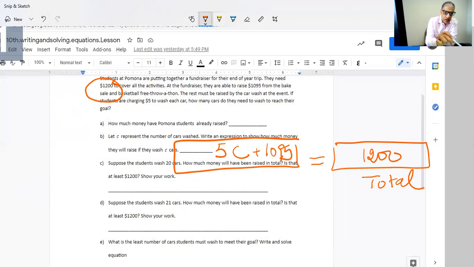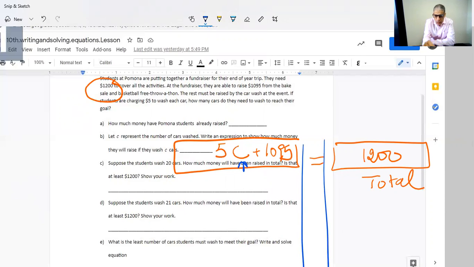So if we solve this equation, we're gonna get the answer, how many cars we need to wash to make $1,200. We already know that, it's 21, right? But we're gonna do it by solving the equation. So how do we solve equations? We isolate the variable. Remember that, meaning we're gonna isolate the C all by itself.